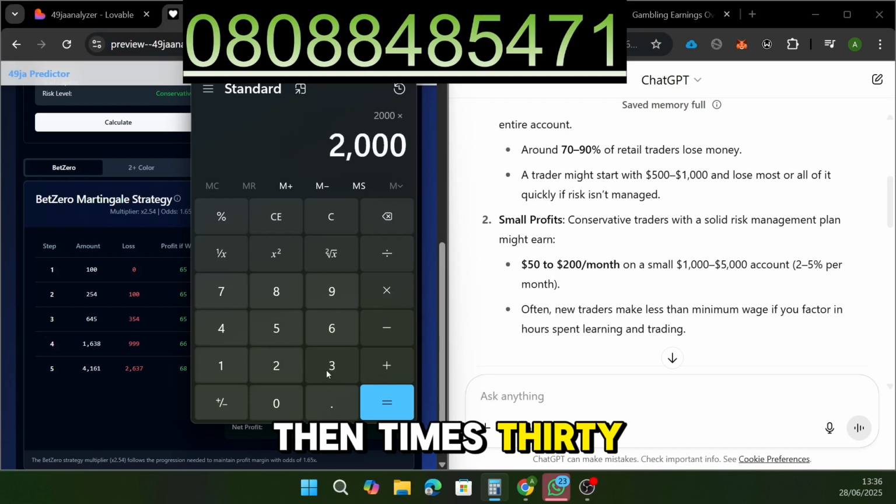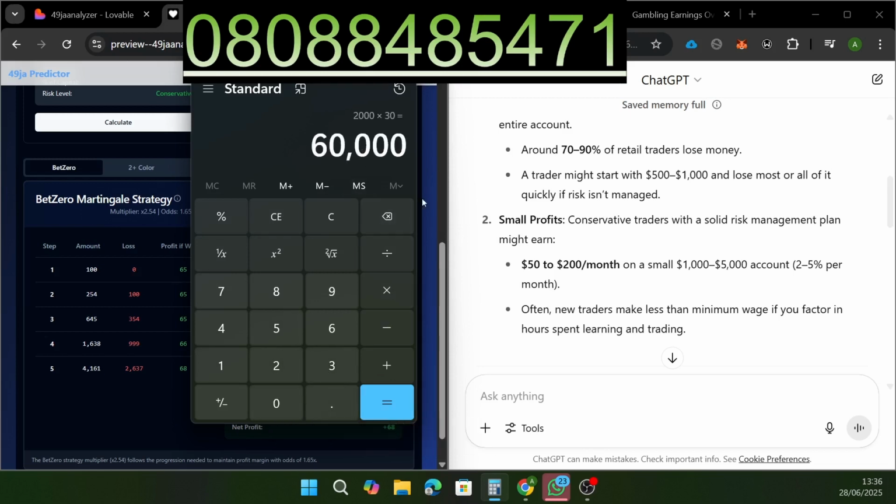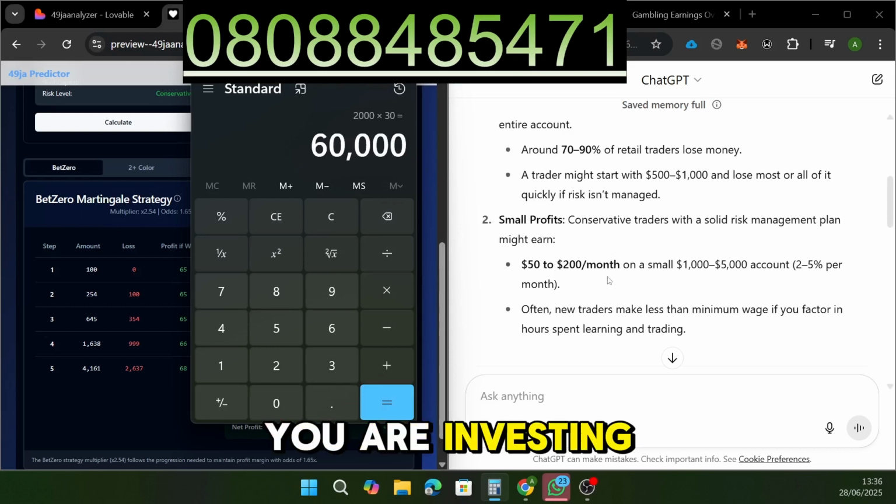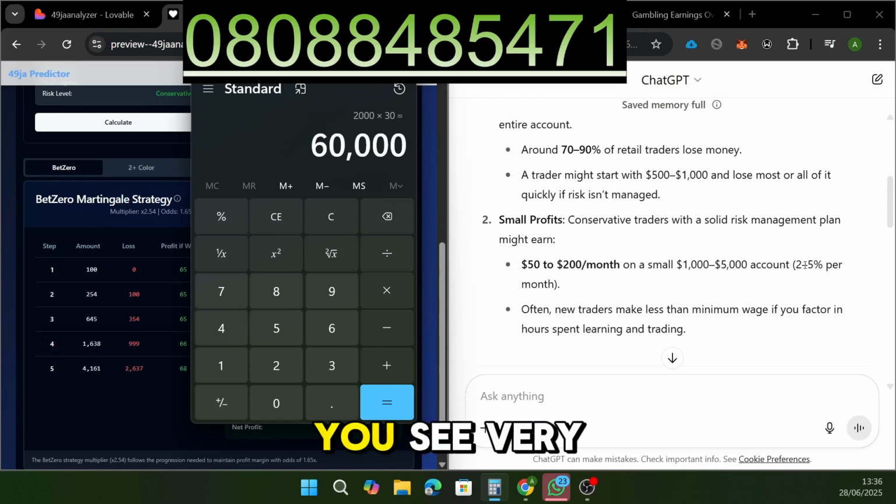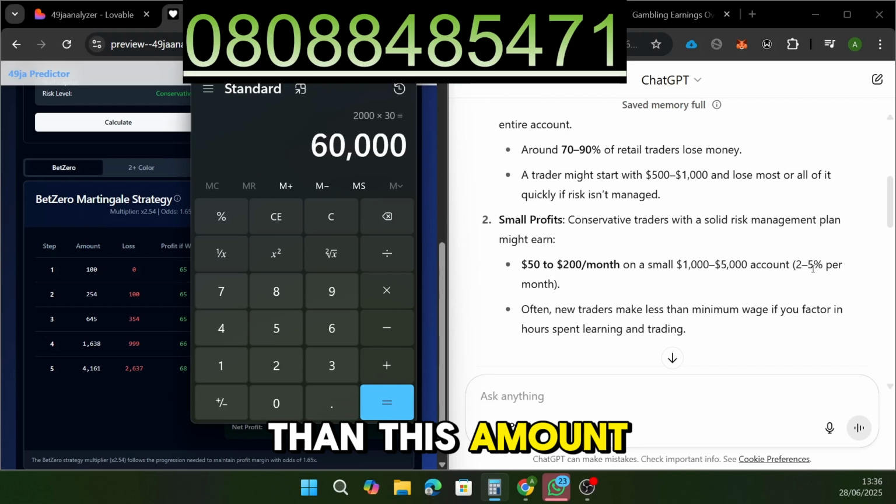Then times 30. So you see, this is 60,000. As you can see, 60,000 is 60% of the amount you are investing, very much higher than what traders make every month.